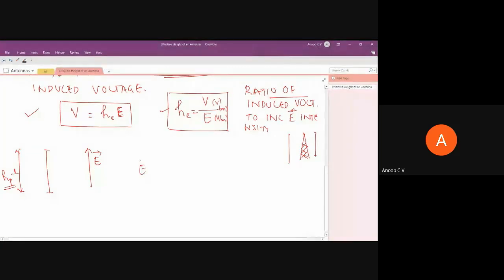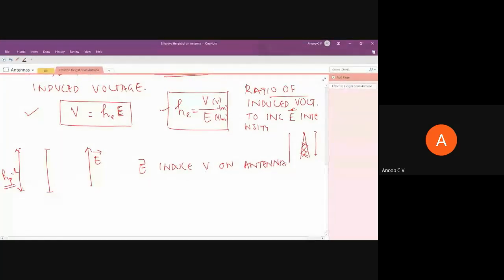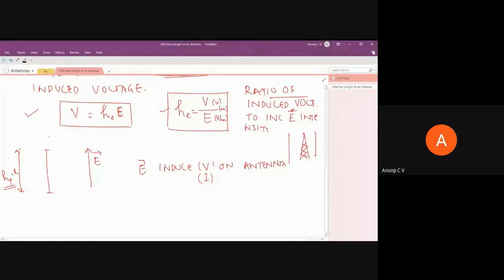So E will induce V on the antenna. If V is there, definitely there will be a current IE also. If a potential difference is there across a metal, current will flow for sure. So the electric field will induce a voltage, and that in turn will cause some current to flow through the antenna, suppose the antenna is used as a receiving antenna.